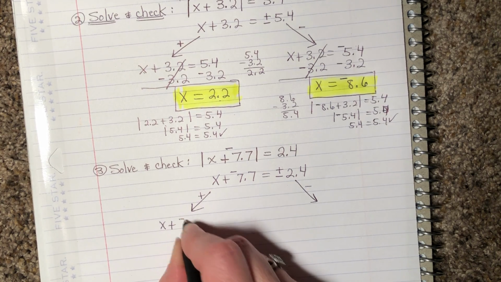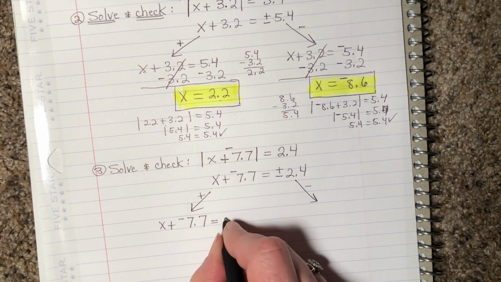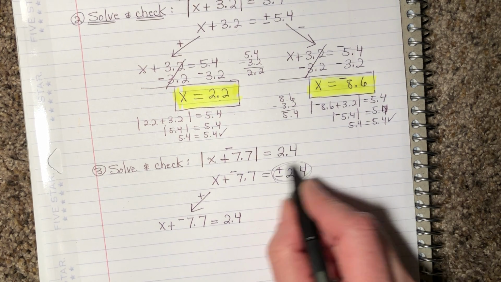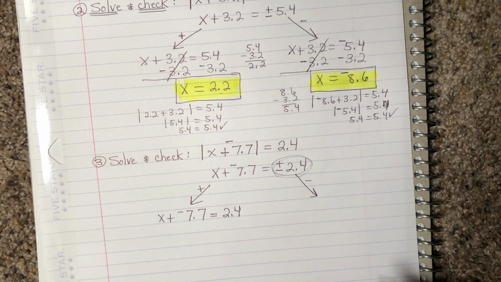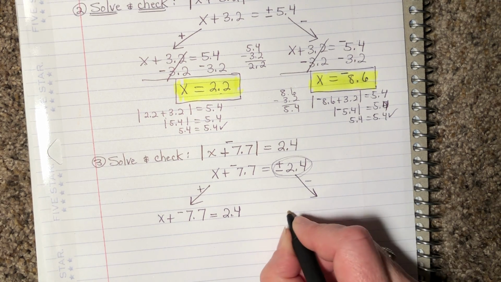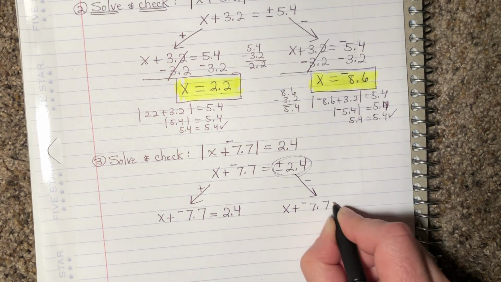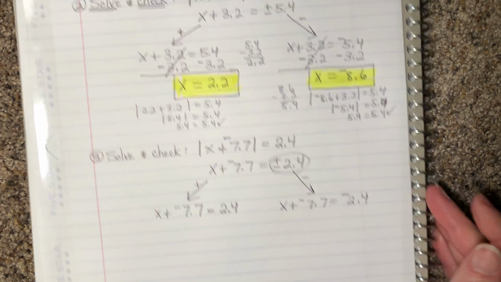X plus negative 7.7, I didn't change anything here, equals 2.4, right? That number is going to change. It's this number that will be different on both sides. The negative branch, x plus negative 7.7 equals negative 2.4.